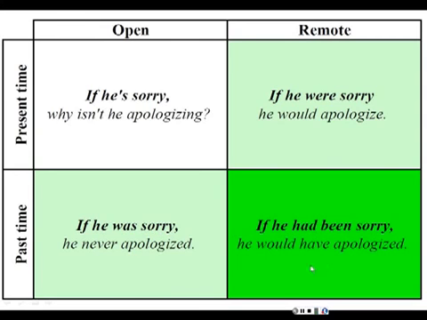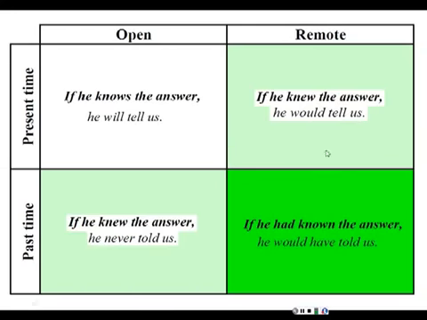Now, I said this did not cover all the kinds of conditionals you might have. For example, what if we start off in the past time remote? If he had known the answer, but then we want to say something that's true right now. If he had known the answer yesterday, then he would tell us right now. That's possible too.